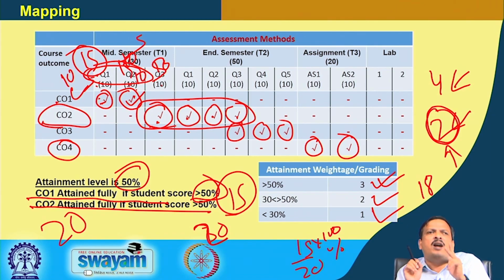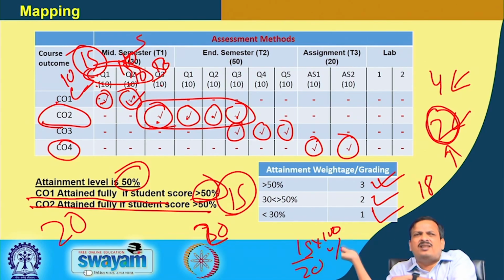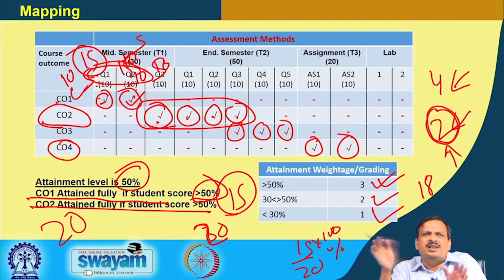There is no thumb rule. It depends on how you design the test item. There is nothing called internal assessment, external assessment, all those things, or they have got this much marks, not that. How you design your assessment test item is very important.